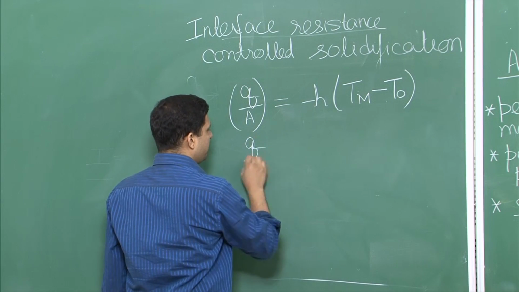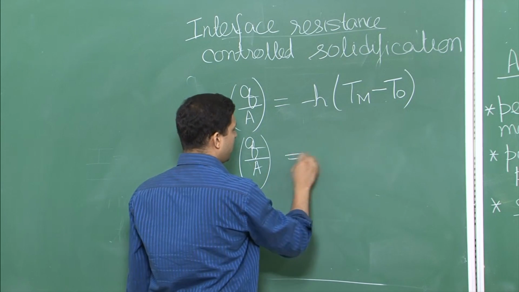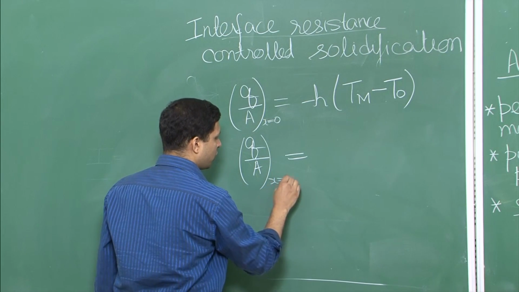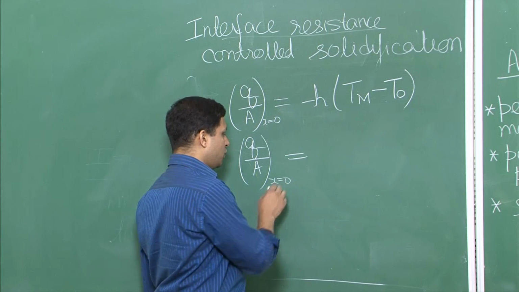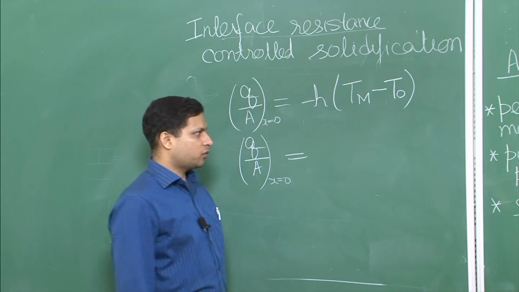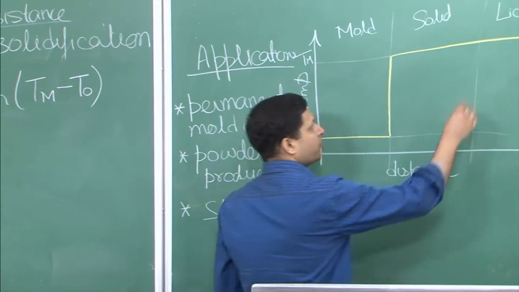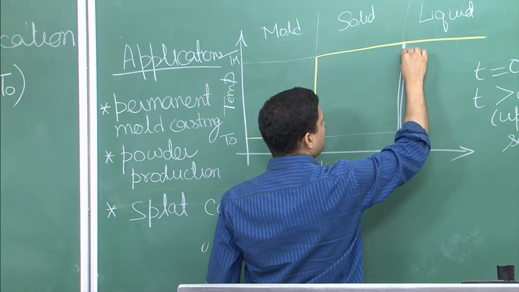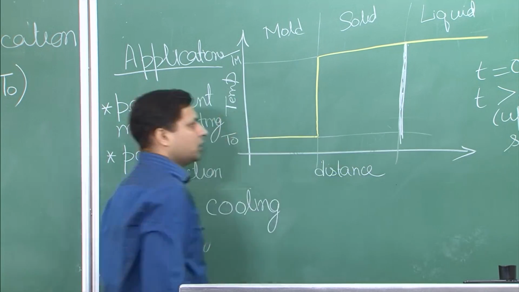But at the same time we also know from our previous discussion that Q over A, and let me put the subscript x equal to 0 because we are talking at the interface, what is the heat that is coming out? The heat that is coming out is from the thin layer of liquid that has solidified, the thin layer of solid that has formed just recently.